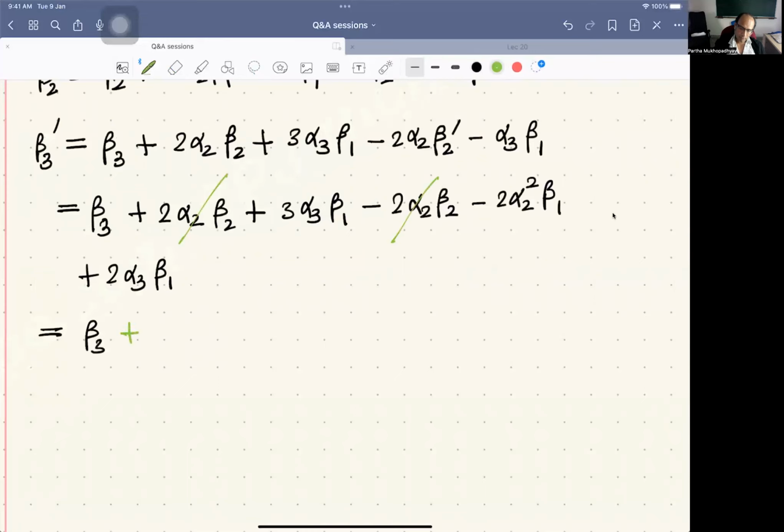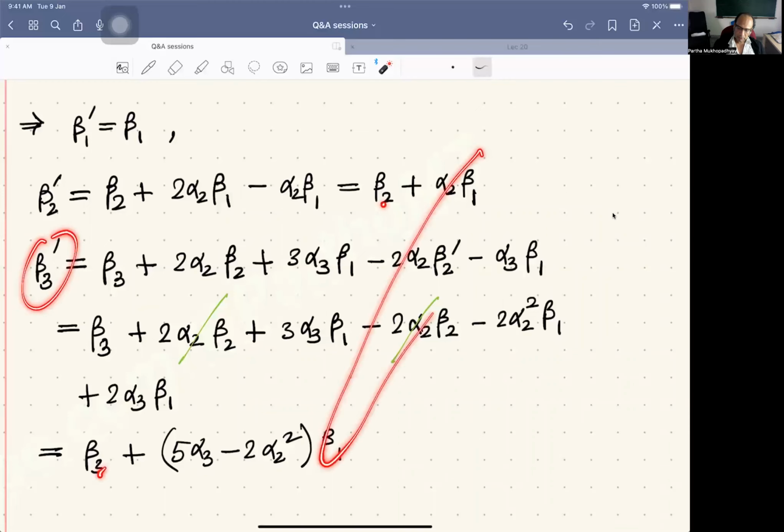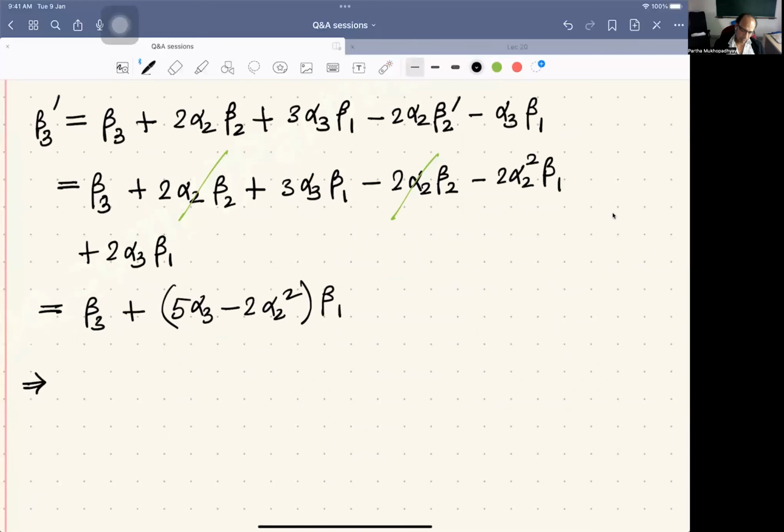So 3 alpha 3 plus 2 alpha 3 is 5 alpha 3, minus 2 alpha 2 square beta 1. So therefore, we see that beta 2 prime and beta 3 prime will be equal to beta 2 and beta 3 if beta 1 is 0. Therefore, beta 2 prime is equal to beta 2, beta 3 prime is equal to beta 3.